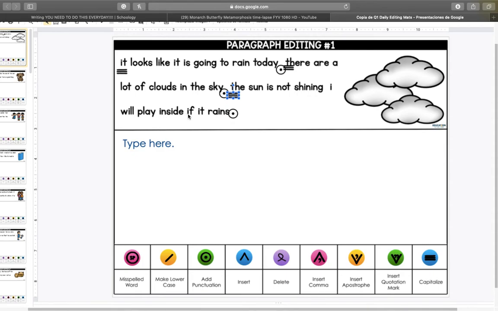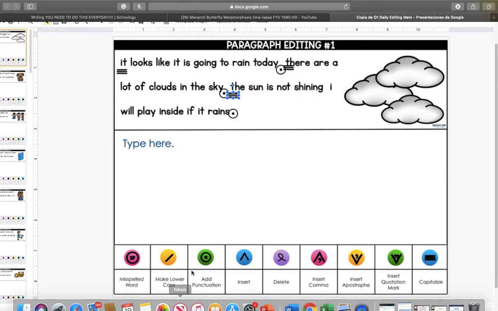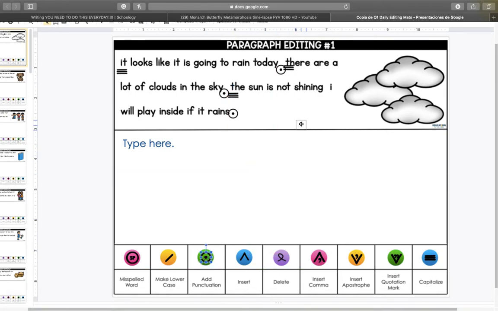I will play inside if it rains. So this sentence is talking about the sun, and the next sentence is talking about playing inside. Okay, so are they talking about the same thing? No, they're not. So I will have to divide the two sentences right there. Like I said, this one is talking about the sun, and the other sentence is talking about playing inside.